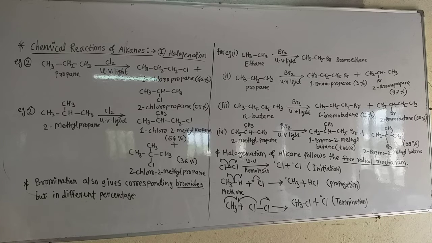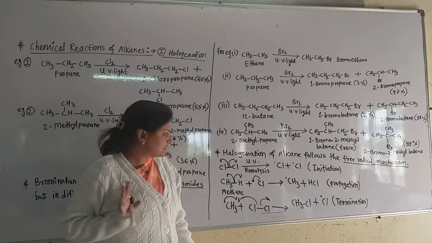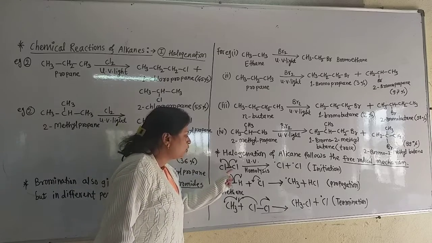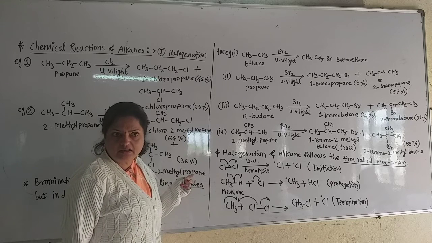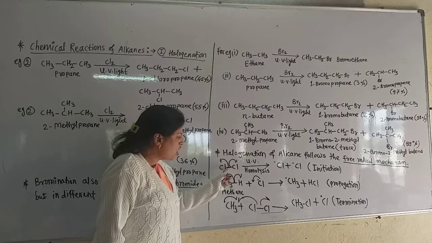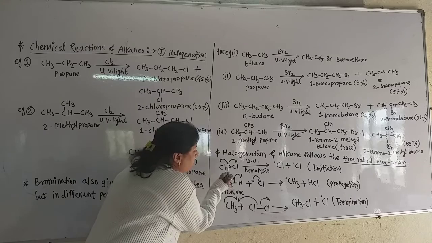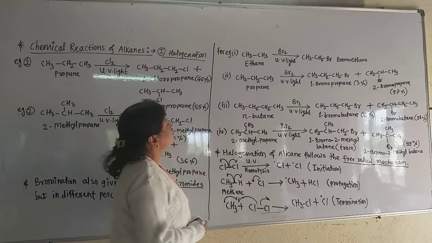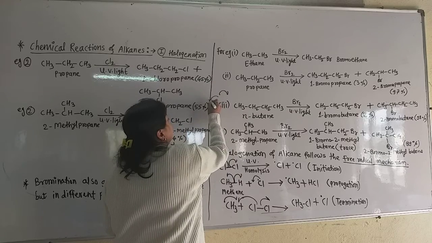Now see, I have shown here the mechanism of halogenation by free radicals, and then we will see the examples. This is the chlorine molecule, and this is the bond between the two chlorine atoms. This is very important. I show half arrows in this way and in this way.